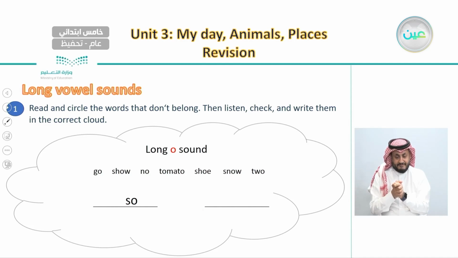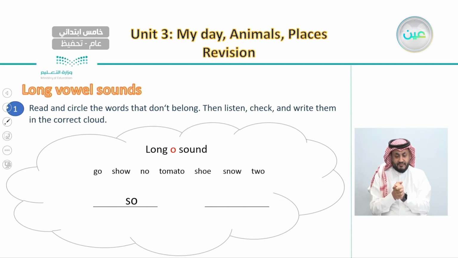So it is important. We have 5 clouds, and each of these clouds has its own sound. What we should do is read all the words in each cloud, and then circle the word or the sound that does not belong to the cloud.